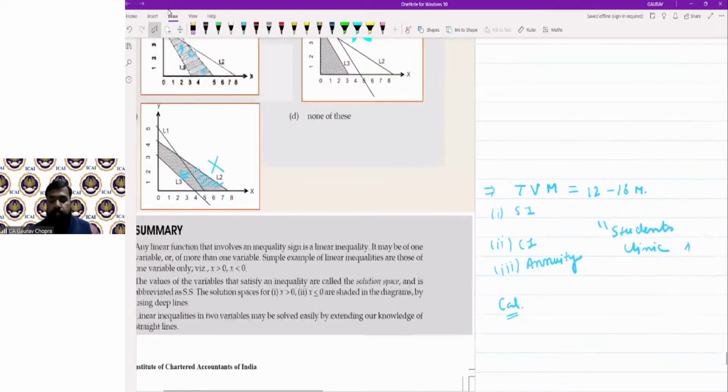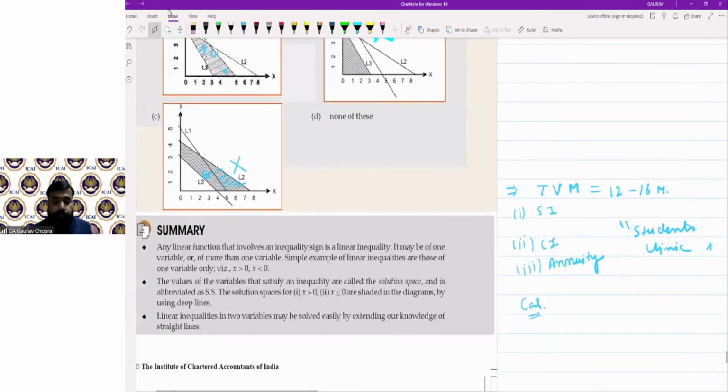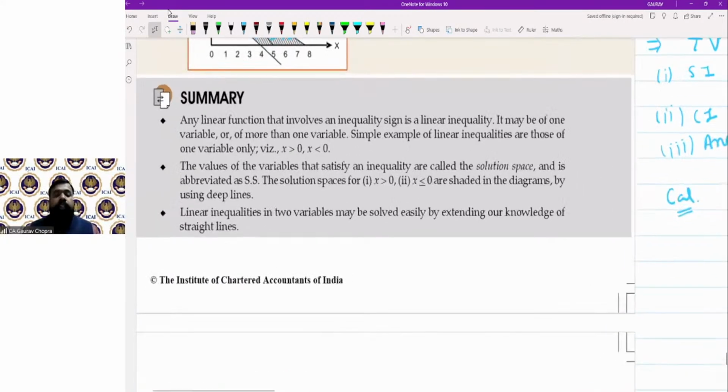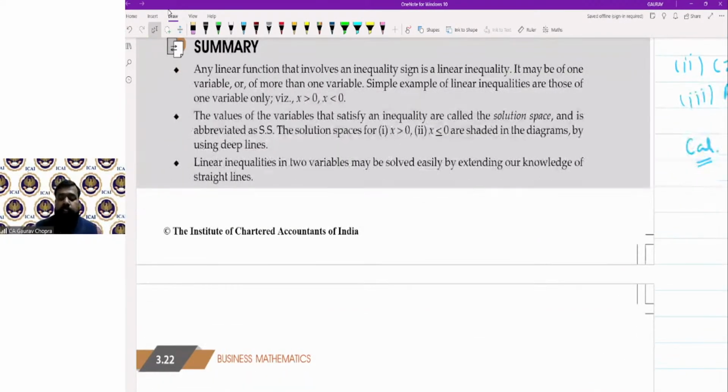Now, let us summarize this. Any linear function that involves an inequality sign is called a linear inequality. Wherever the inequality sign appears, greater than or equal to, less than or less than or equal to. Then the values of the variable that satisfy the inequality are known as the solution space.